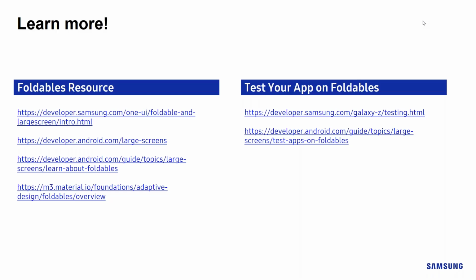Can you explain the multi-resume feature again, and how is it different from the split screen feature? Okay, so by default, when opening an app in multi-window, recent apps will be in pause state.